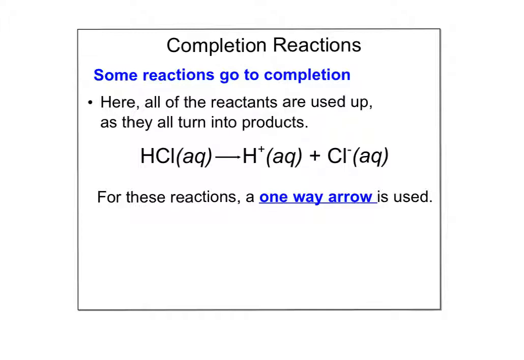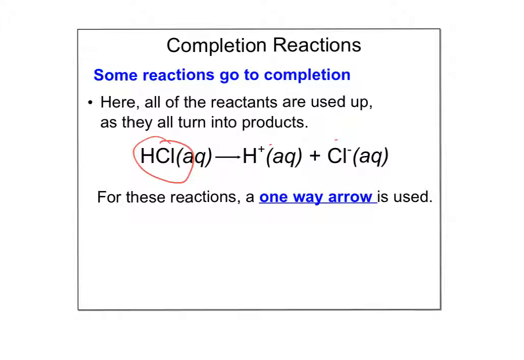All right, so everything we've seen so far in chemistry, the reactions we've looked at have a one-way arrow because we say the reactions go to completion. So basically, we have reactants, they're all used up to make the products, we run out.